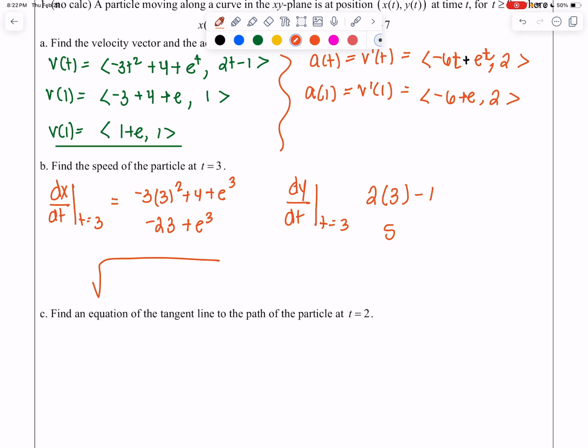So that's my x component. This is -8, this is +8, that's going to cancel out. So I'm just left with e to the t minus 5. Sorry, e to the second power minus 5.